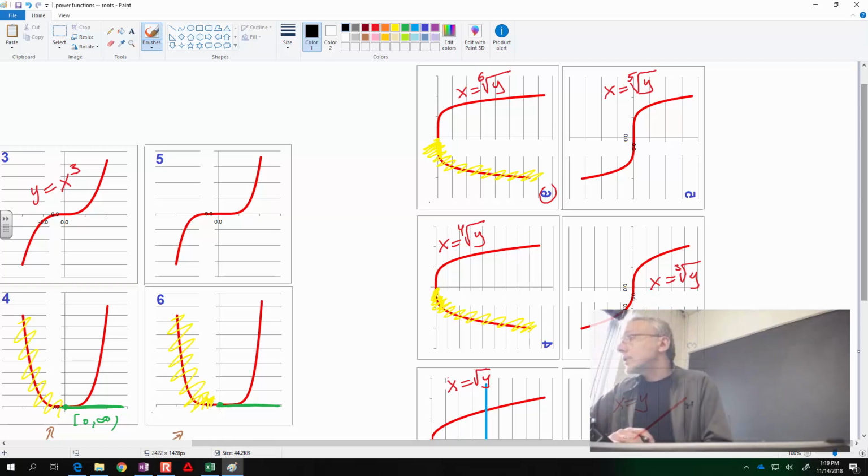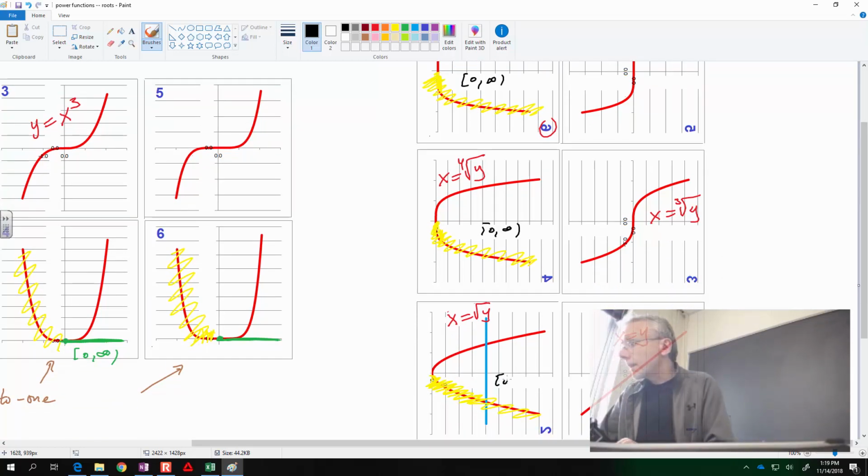So let's see domains first. As you can see, the domains of the even roots are the same, 0 to infinity for all of them. So the only values of x allowed, or of y allowed, are 0 to infinity.